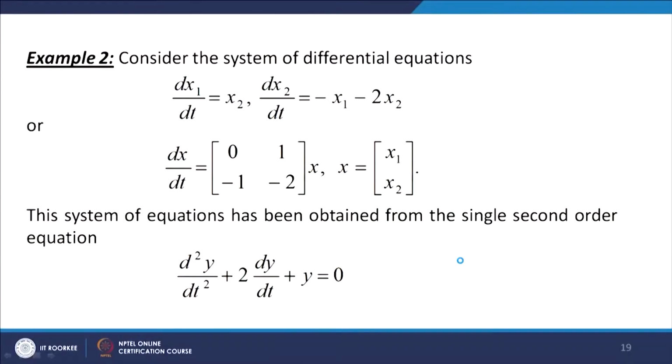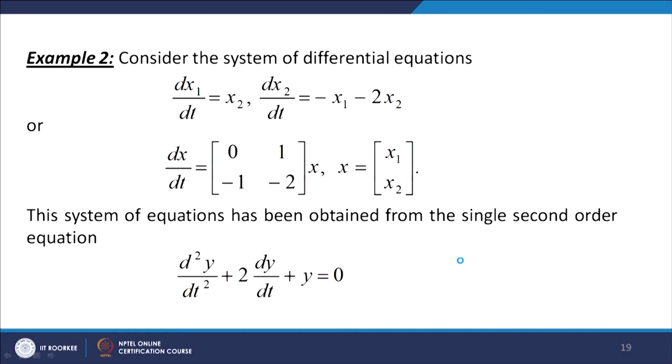So, the k functions x1 t, x2 t, xk t are linearly independent if and only if at an appropriate t naught the k vectors x1 t naught, x2 t naught and so on xk t naught are linearly independent. Now, let us consider the system of differential equations dx1 by dt equal to x2 and dx2 by dt equal to minus x1 minus 2x2.